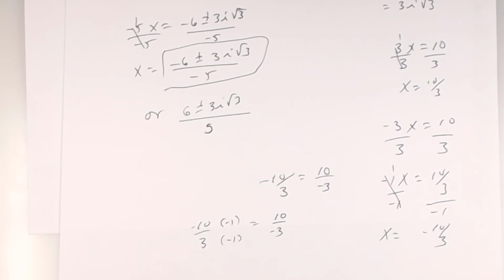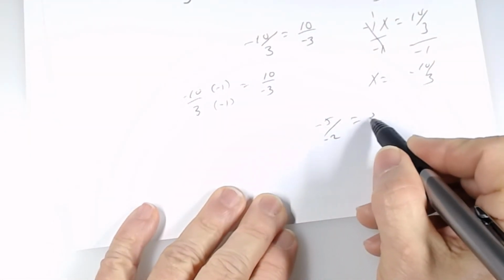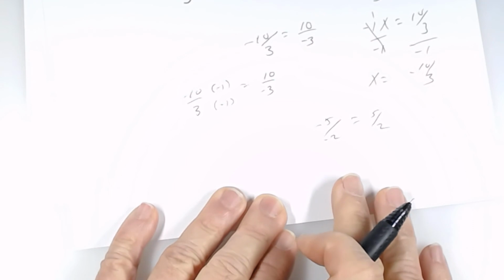So those two are actually the same thing. Negative 6 plus or minus 3i square root of 3 divided by negative 5 is the same thing as positive 6 plus or minus 3i square root of 3 divided by 5. Kind of makes sense, right? Because suppose I had negative 5 divided by negative 2. Isn't that a positive 5 halves? Yes.